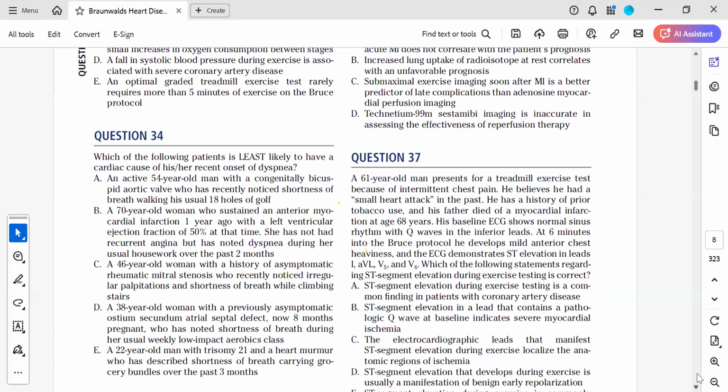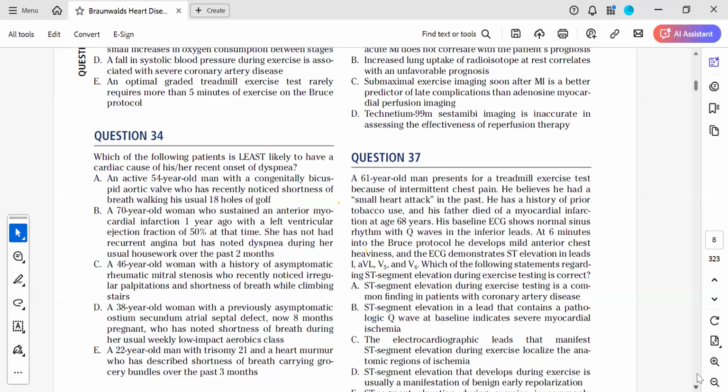She has not had recurrent angina, but noted dyspnea during her usual housework over the past 2 months. So they're asking us whether this is dyspnea that is probably of cardiac origin.